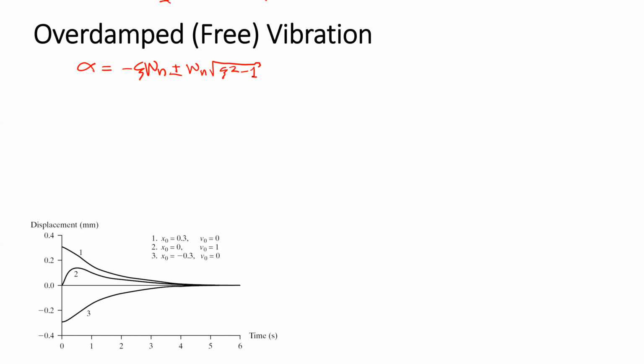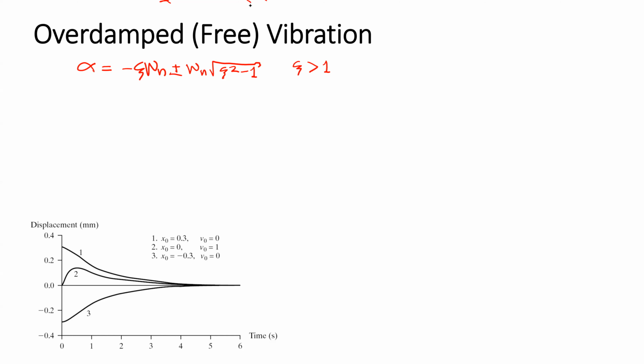For the overdamped case, the damping ratio is more than 1, and we will have two real roots.